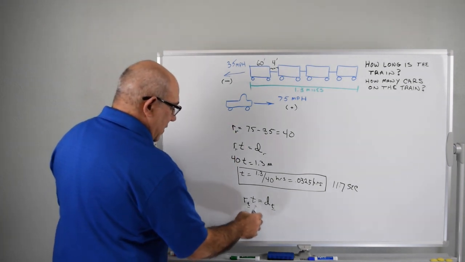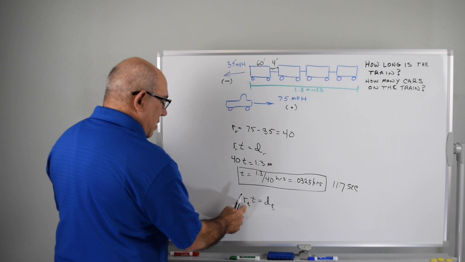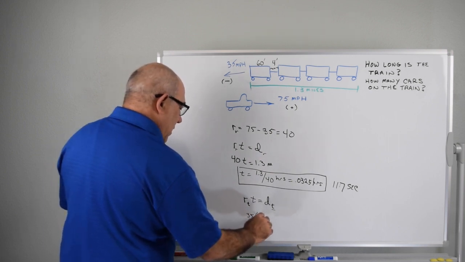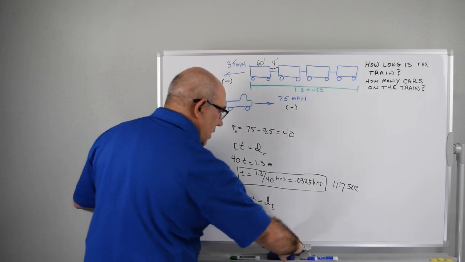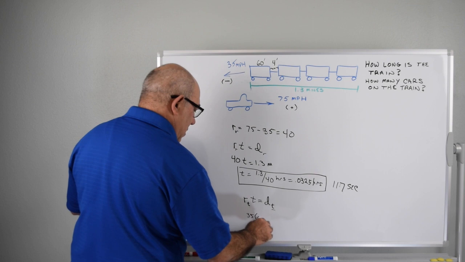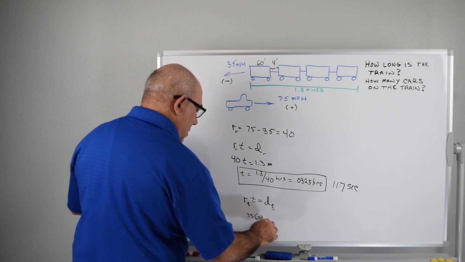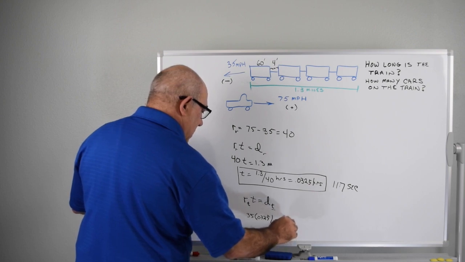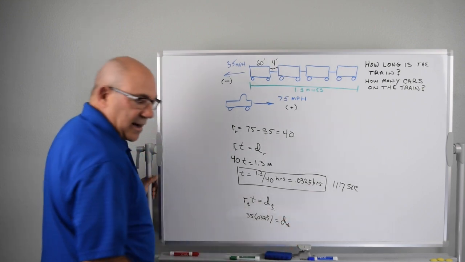So the rate of the train was 35 times t, which we know is 0.0325. That will give us the distance, and that'll be how long the train actually is.